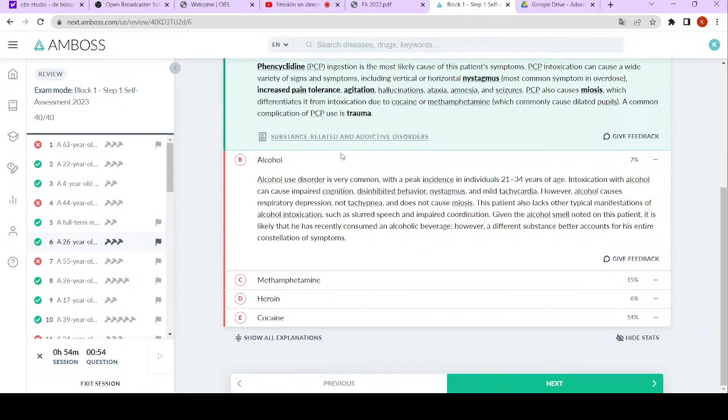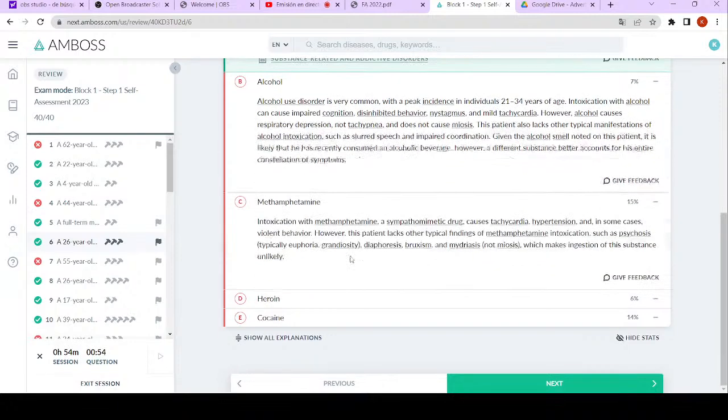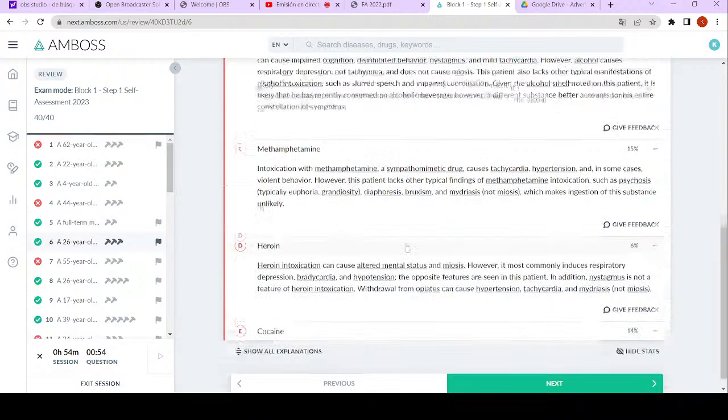As I told you, nystagmus is in alcohol too. Methamphetamine, as I told you, is a sympathomimetic drug that causes tachycardia, hypertension, violent behavior too. But actually, there are more grandiosity, psychosis, euphoria, diaphoresis, bruxism, mydriasis, not meiosis. So this is important too.